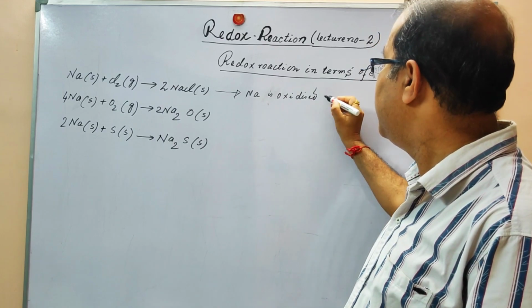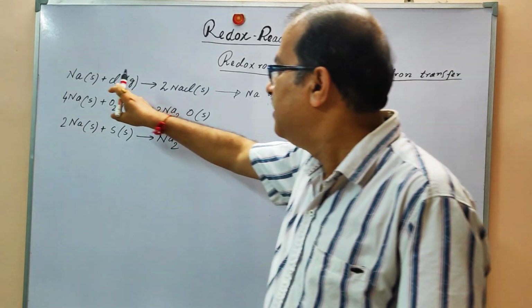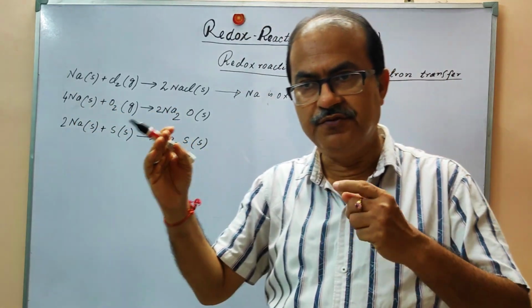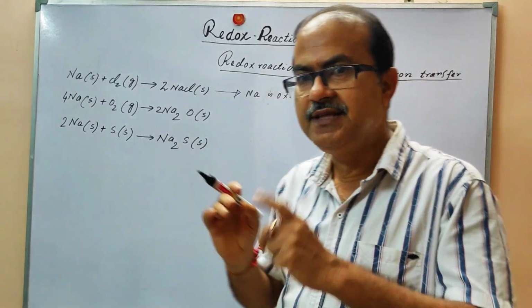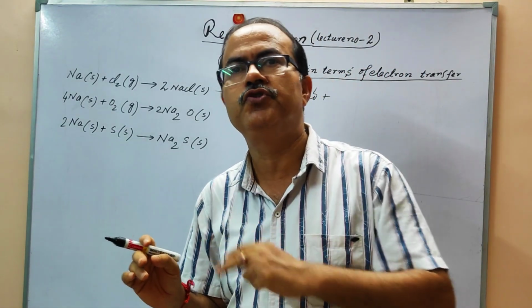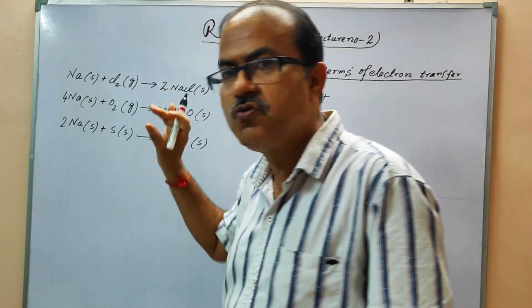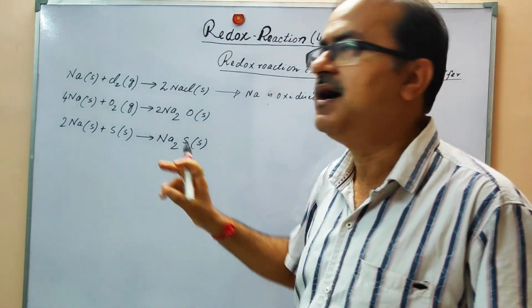And at the same time, now let us recap the definition of reduction. What is that? It is the addition of an electropositive element to a substance. Here the substance is chlorine.